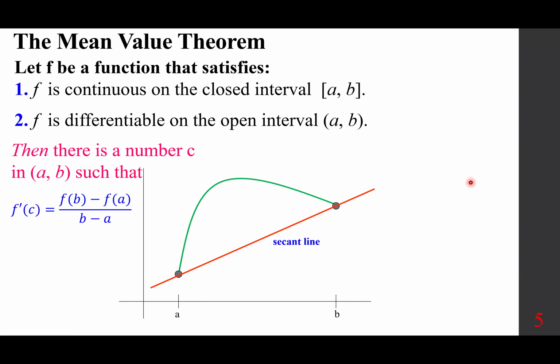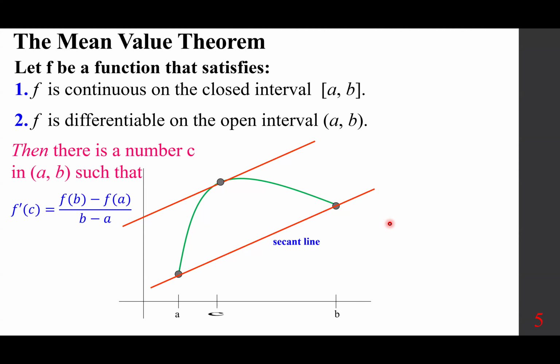Any curve, when you pick 2 points and connect them, the line it creates is called a secant line. There is a line parallel to a secant line. That's the meaning of this. That means there is a line such that its slope is equal to what we just saw, the slope of a secant line. We are looking for that point.